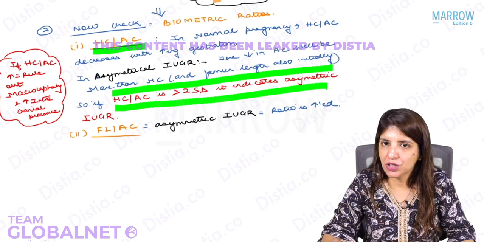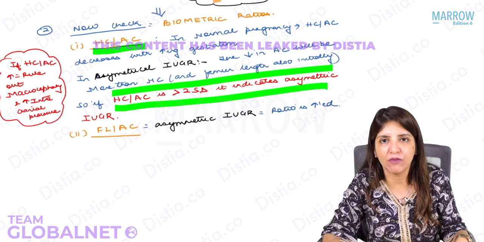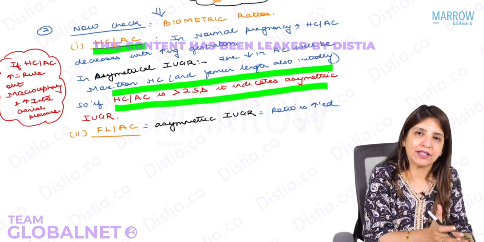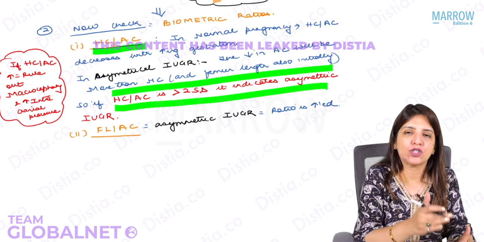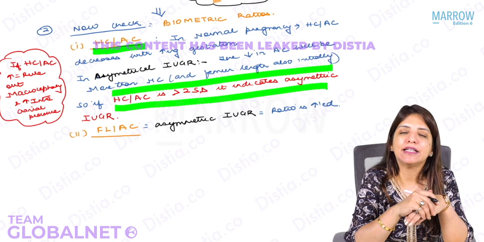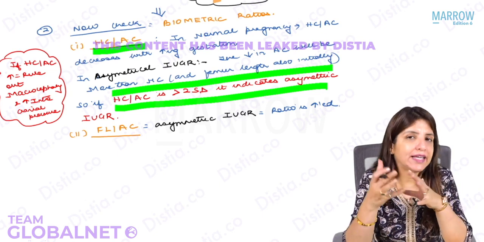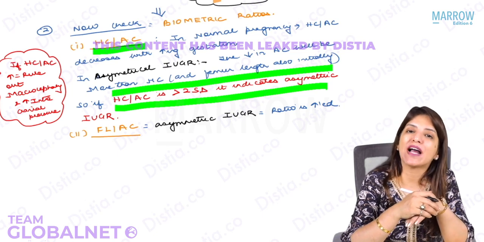So have you understood this much? That in asymmetrical IUGR, head circumference is preserved and abdominal circumference will decrease. Right? Because abdominal circumference, that is the denominator, decreases, the ratio increases. But tell me, can you get an increase in this ratio in any other condition also? Yes. Suppose there is a case of macrosomia.